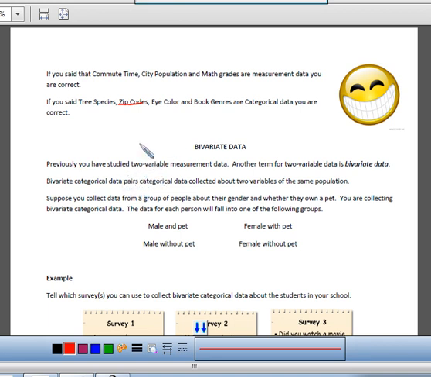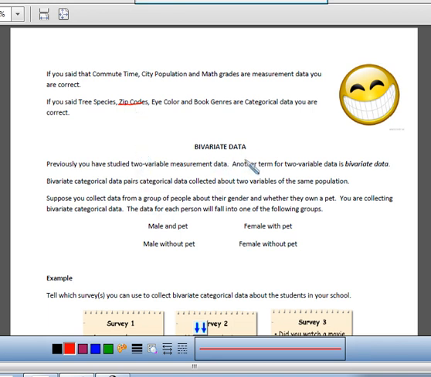Kind of like a zip code would be similar to a town. So what town you are from is a category. It is not something that can be measured. Zip codes are not measured. They're just a numerical way of coming up with a category or a label.